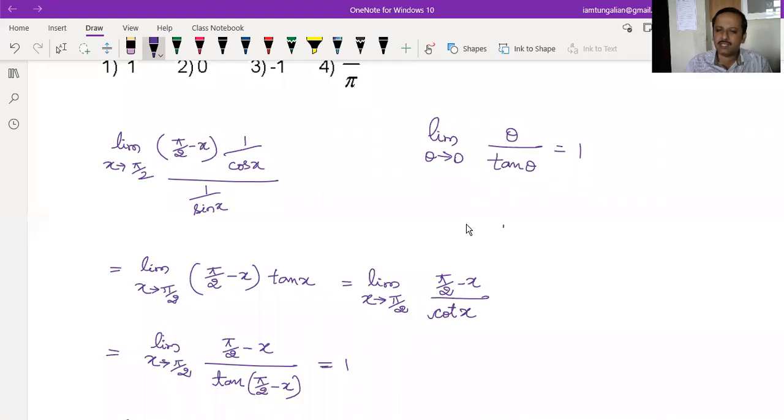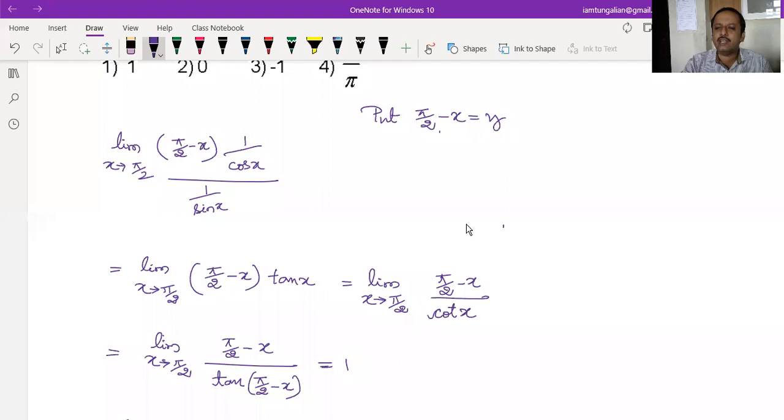Did you understand this solution? How this last step, limit x tends to pi by 2, pi by 2 minus x by tan pi by 2 minus x is equal to 1? No. Okay. So I will do it like this. When x approaches pi by 2, I will make a substitution. That is, put pi by 2 minus x is equal to y.